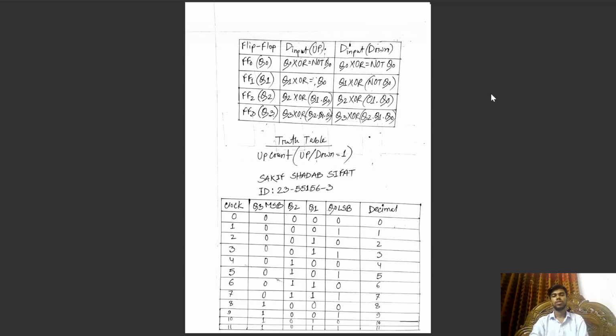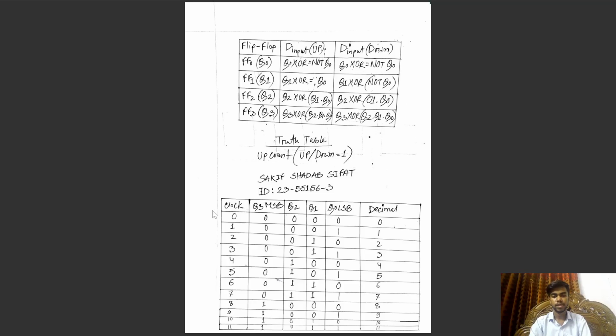Let's go to another topic, which is the flip-flop inputs. Here we have drawn the truth table for flip-flop 0, 1, 2 and 3, for the up count where up/down equals 1.